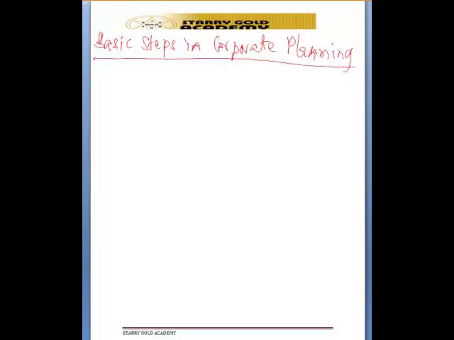Start with the very first section for the body of the report, which we said will be basic steps in corporate planning. Underneath, we have to first define what we mean by corporate planning.